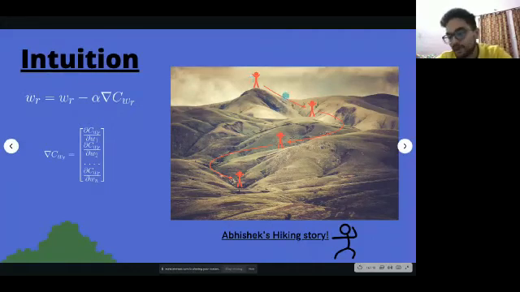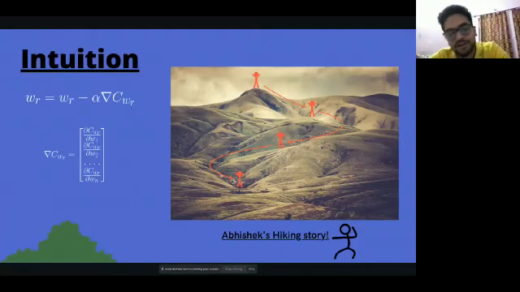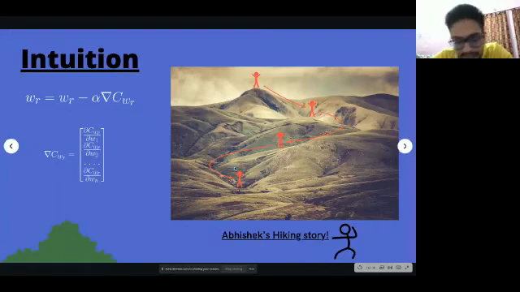He doesn't know how to come down, and obviously he needs to get down and go to his home and do his regular stuff of deep learning and all. This was the analogy part.